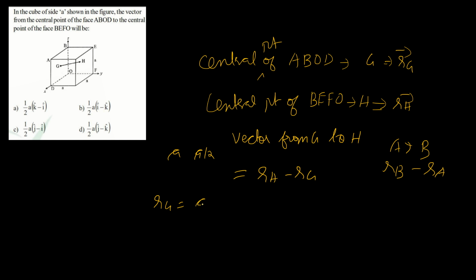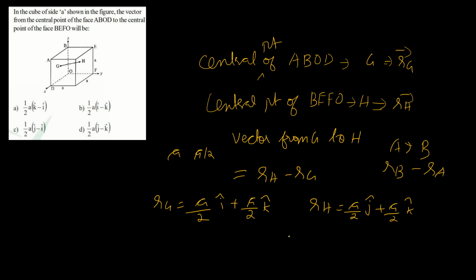Since it is in the positive X direction, I can write A by 2 I cap. Since it is in the positive Z direction, A by 2 K cap. Let us go for RH. RH is lying on the positive side of the y-axis and z-axis, so I can write A by 2 J cap plus A by 2 K cap.